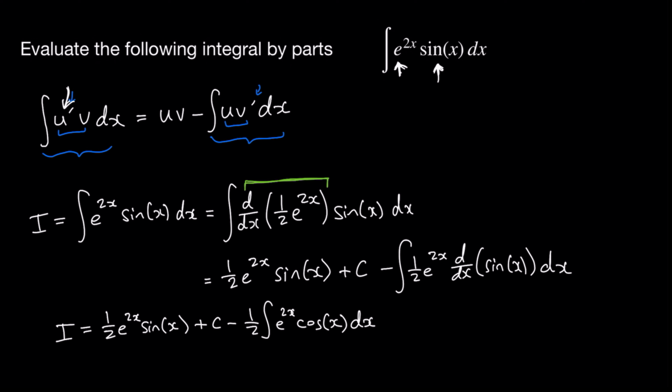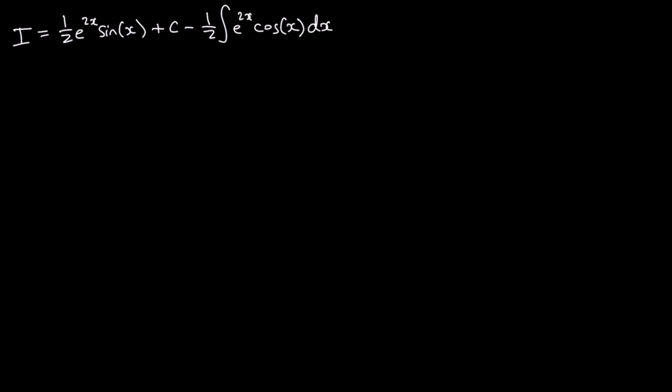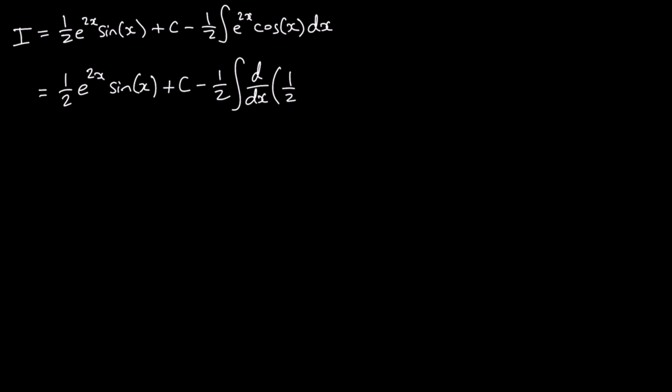Now I'm going to apply integration by parts a second time on this integral. To apply integration by parts on that integral there, I'm going to rewrite it again, like I did before, as the integral of the derivative of half e to the 2x times cos x, and then apply integration by parts.